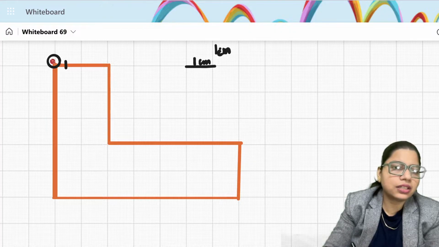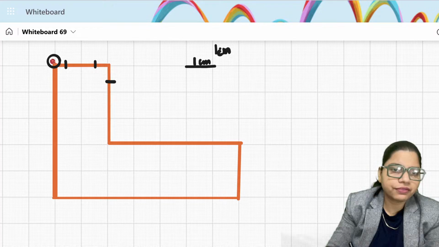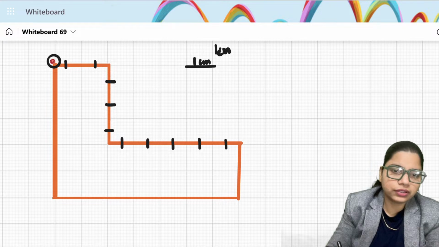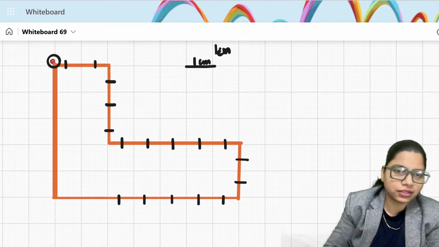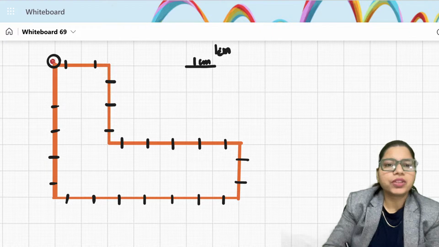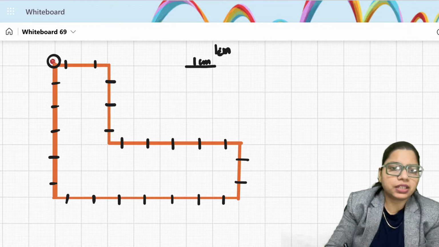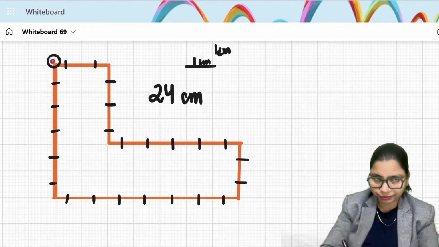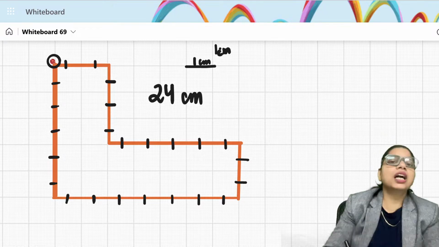So that means this is 1, 2, 3, 4, 5, 6, 7, 8, 9, 10, 11, 12, 13, 14, 15, 16, 17, 18, 19, 20, 21, 22, 23, and 24. So it gives us the perimeter as 24 centimeters. Correct?